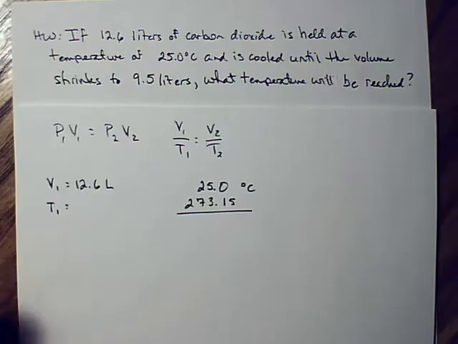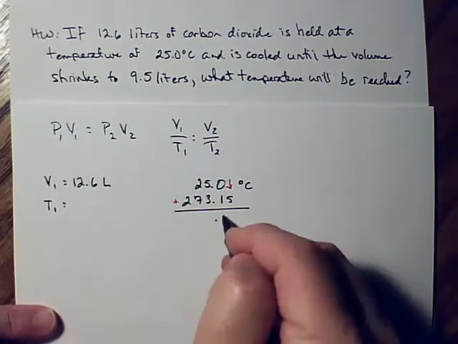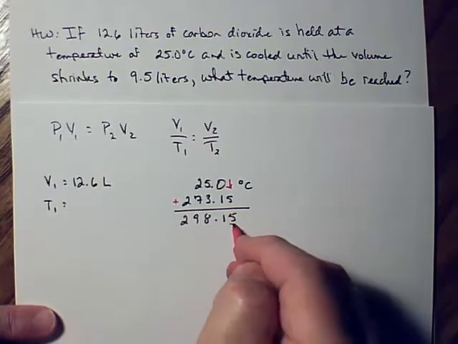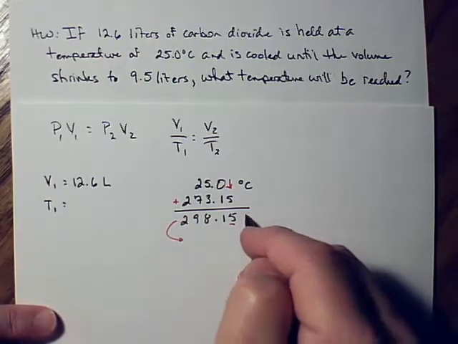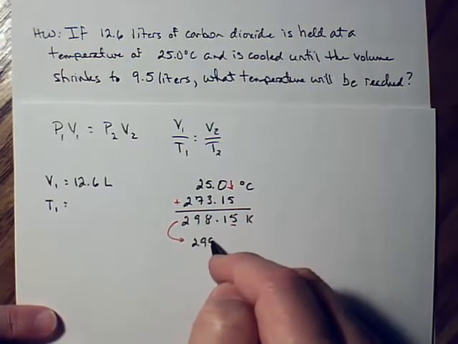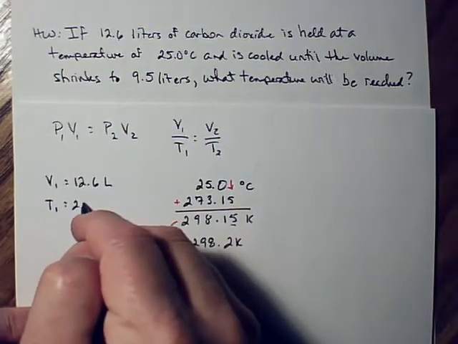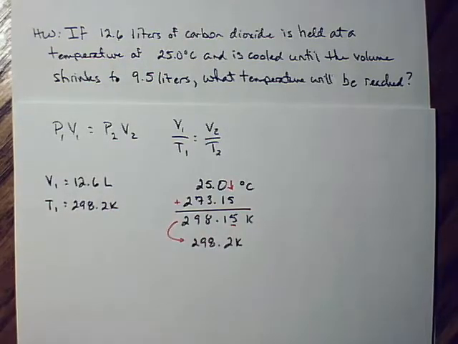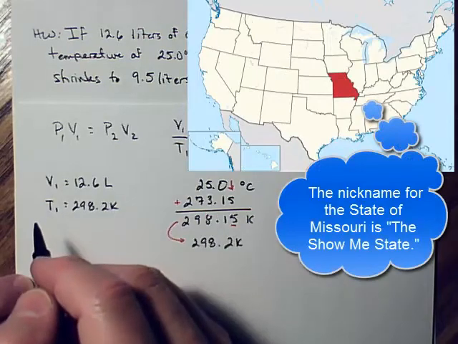Notice we have an empty slot over the 5, so we're going to do some rounding off when we're done because we're adding together. 298.15, you've got to round off to 298.2 K. Always show all the work because I'm from Missouri.